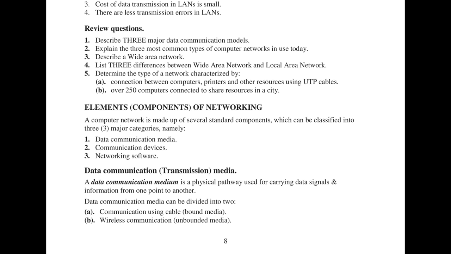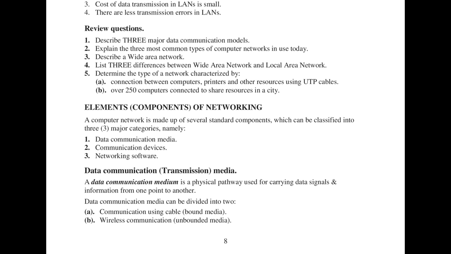We also have communication devices. You must have communication devices that will use the networking software. Then, how will the networking software communicate with the communication devices? They will use data communication media. And for that case, you can have wireless and bound. That is bound, that is the cable, and unbound, that is wireless.